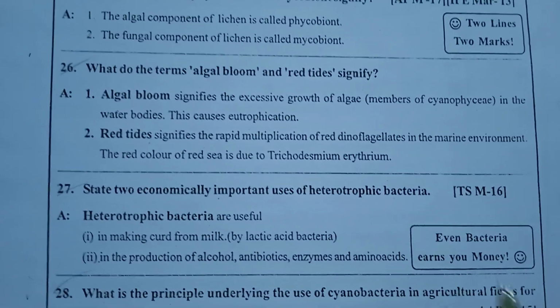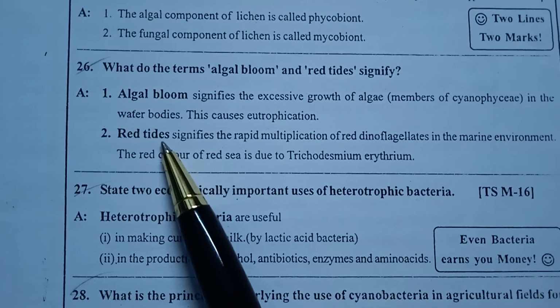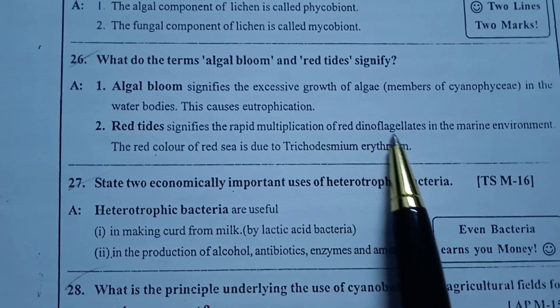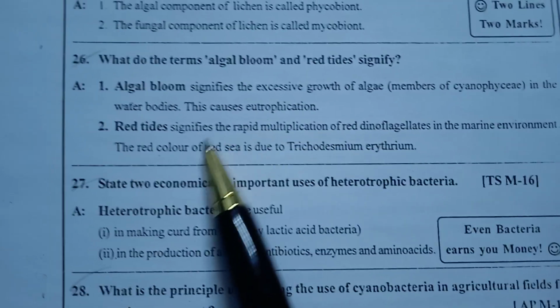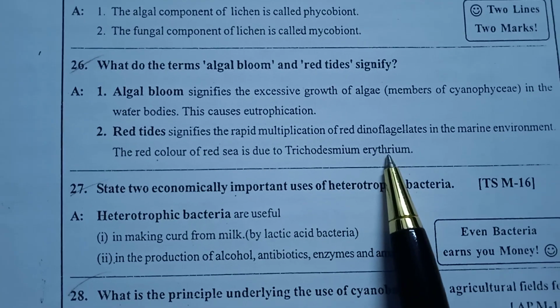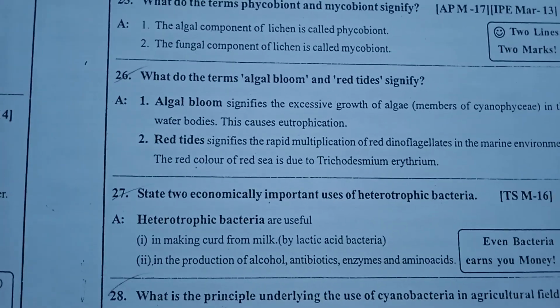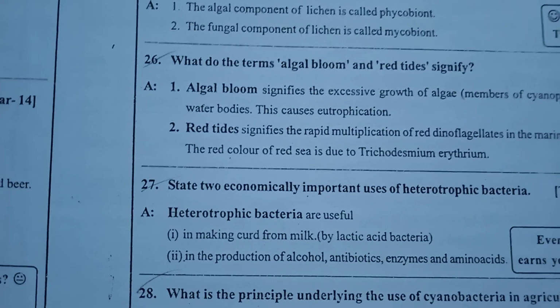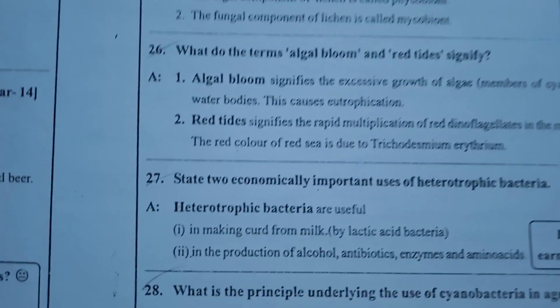Next, red tides. Red tide signifies the rapid multiplication of red dinoflagellates in the marine environment. The red color of the Red Sea is due to Trichodesmium erythraeum. Red tide is also one type of algal bloom which is very harmful to fishes and humans.